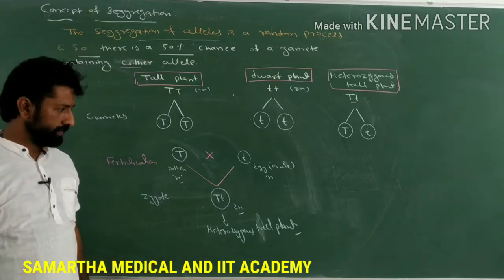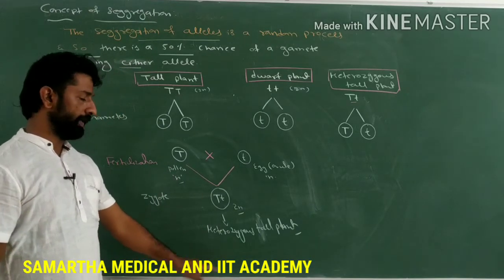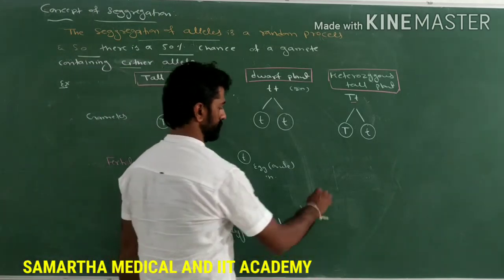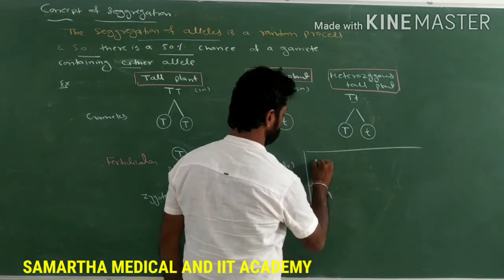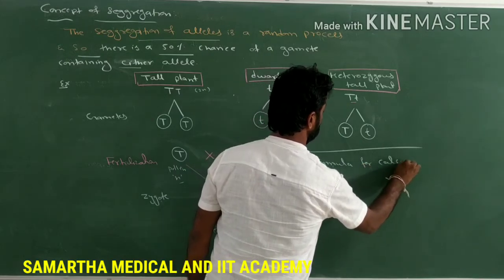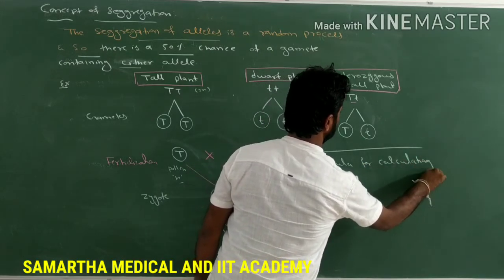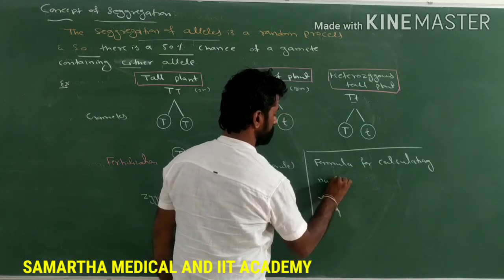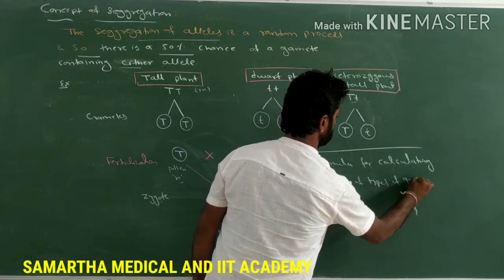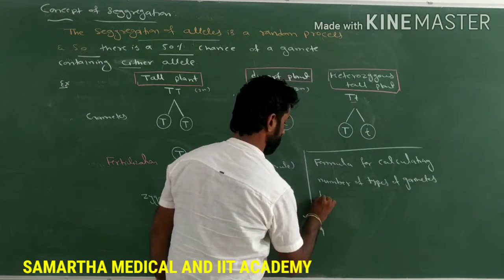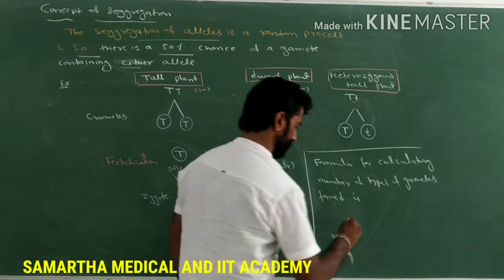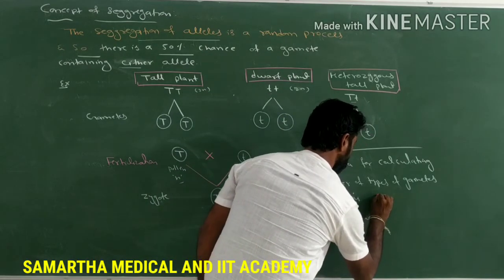Is it clear, guys? There is a formula for calculating the number of types of gametes formed, and that is very important for the NEET examination. The number of types of gametes formed or produced is 2 to the power of n.